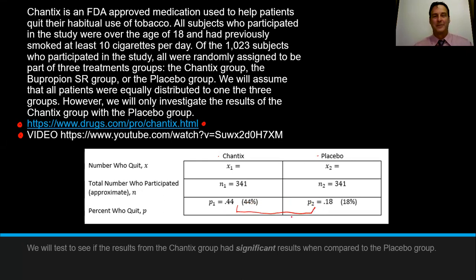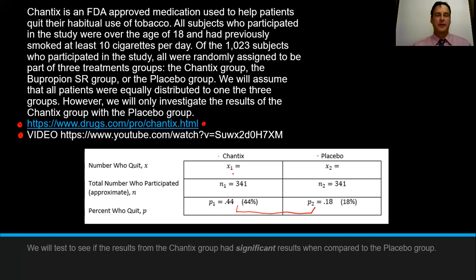It looks like 44% is much bigger than 18%, but there may be moments when we do research and we're comparing proportions where the values are a little bit closer together, and we need to know, is it appropriate to say that one is statistically significantly bigger than the other, or one is statistically significantly smaller than the other, or maybe just different from each other? So what we're going to do again is a test to figure out, is it appropriate to say that one is statistically significantly higher than the other?